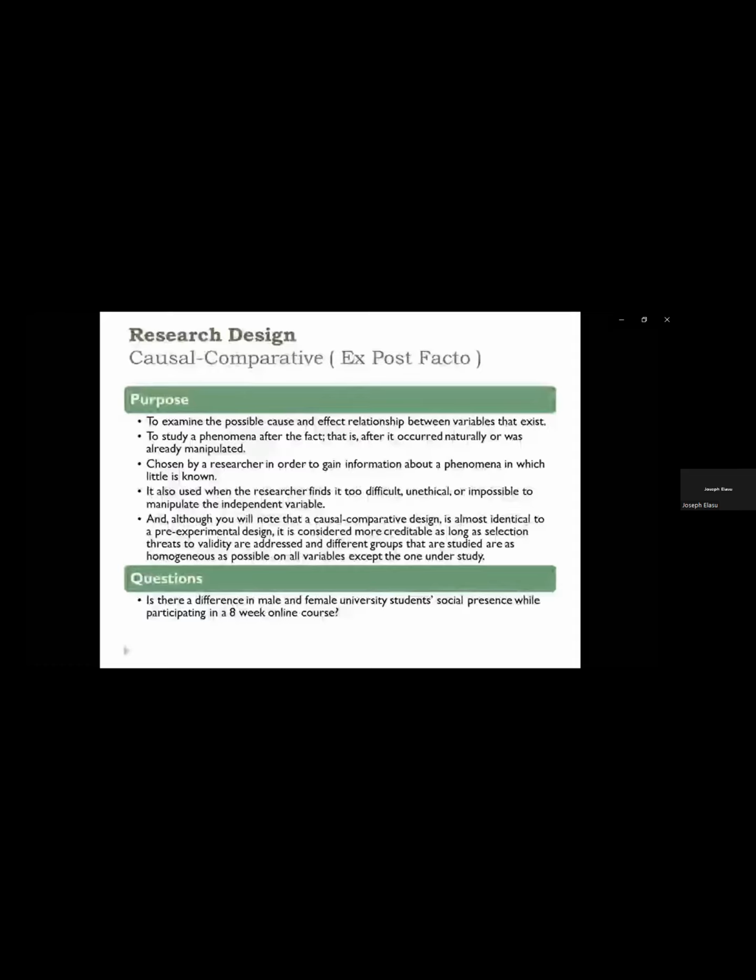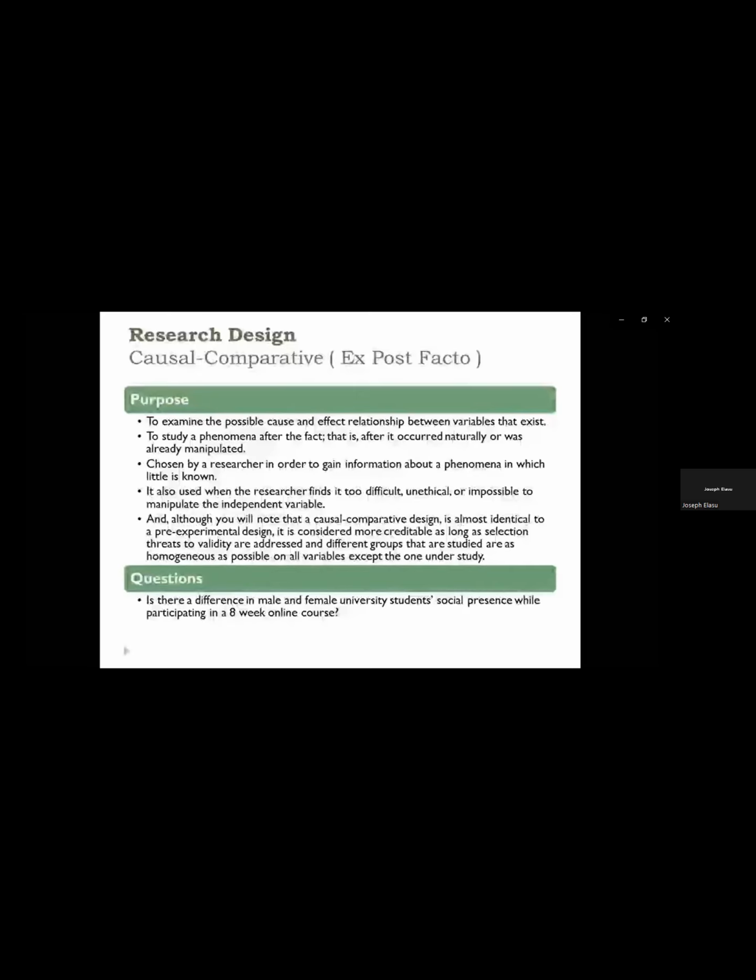Let's consider some examples. If you want to examine gender or ethnicity as an independent variable, you have a causal comparative study. It's something that you as the researcher have not manipulated. Gender occurs naturally, ethnicity occurs naturally.